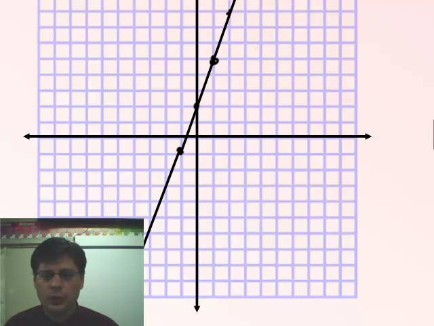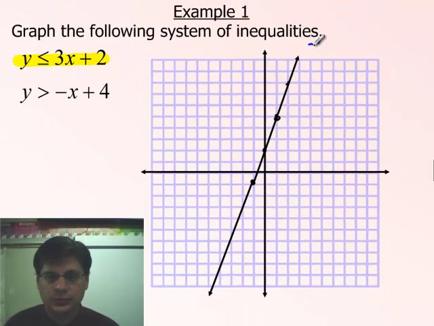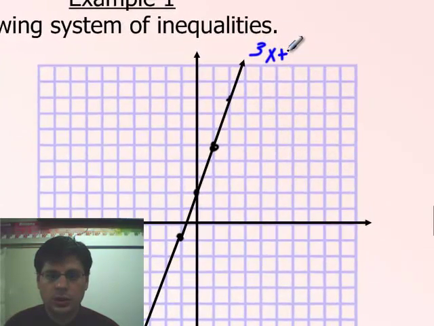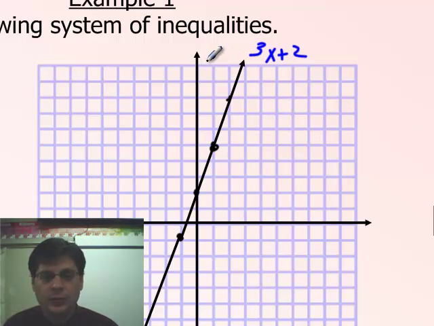So any value of y that's less than this line, which represents 3x plus 2. We want y values that are less than that. So we ask ourselves, which direction is y going to be less than compared to the line?